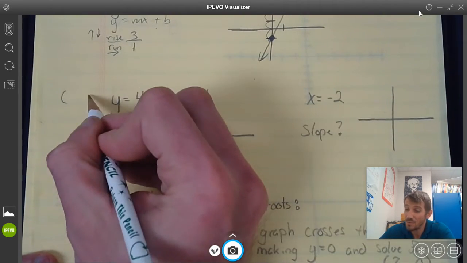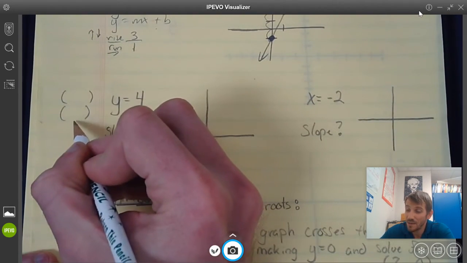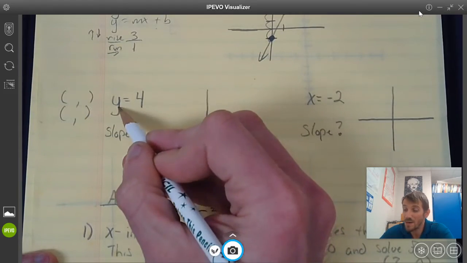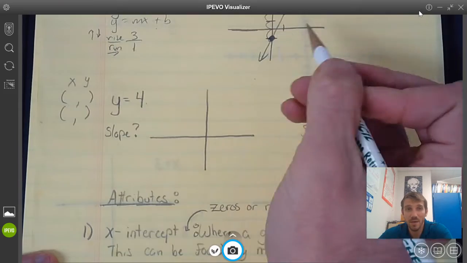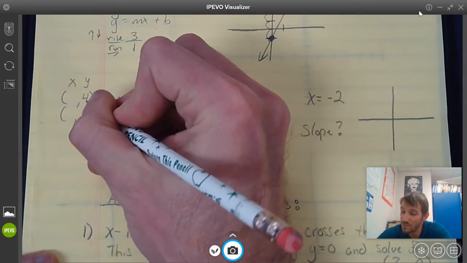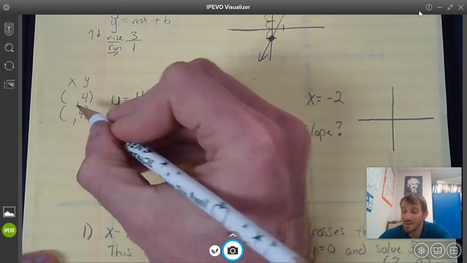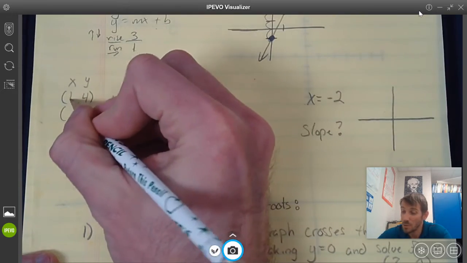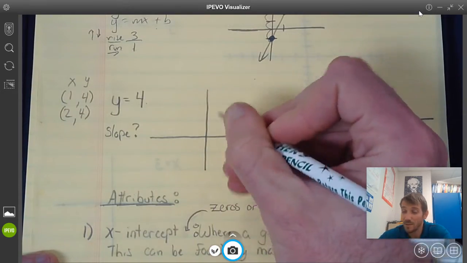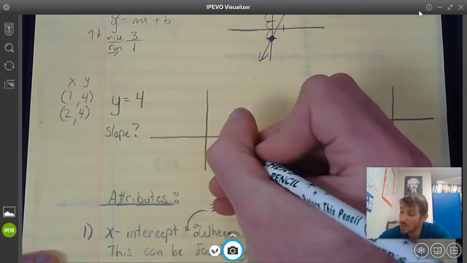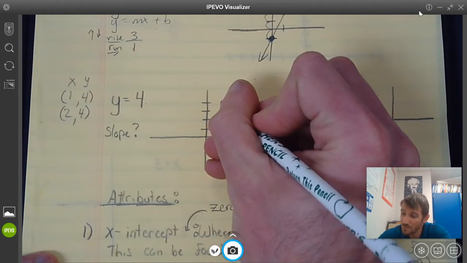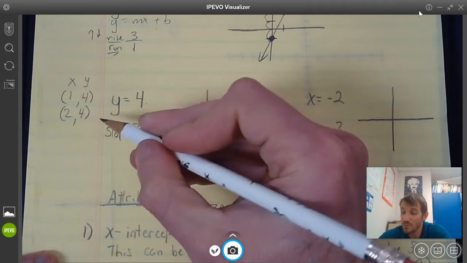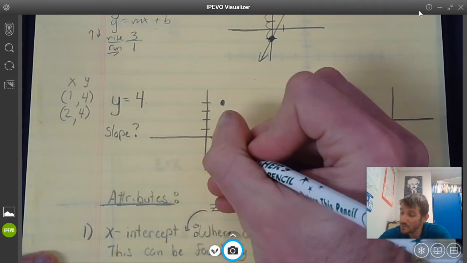I actually make 2 points. And I just say y will always be 4. So remember, these are x's and y's. So I'm going to make my y's 4. I can put any number in for x, like 1 and 2. And check that out. All I have to do is plot those points. 1, 4 is here. And then 2, 4 is here.